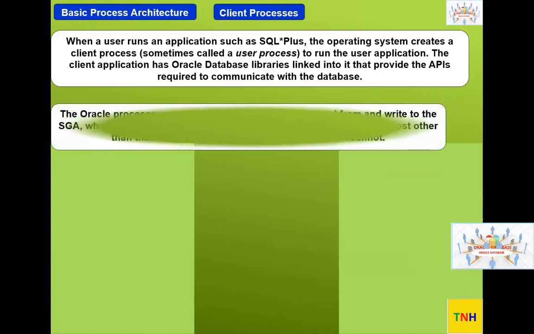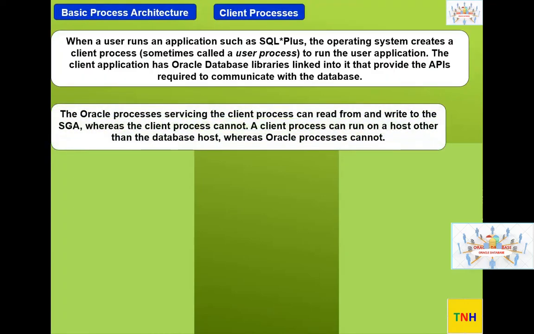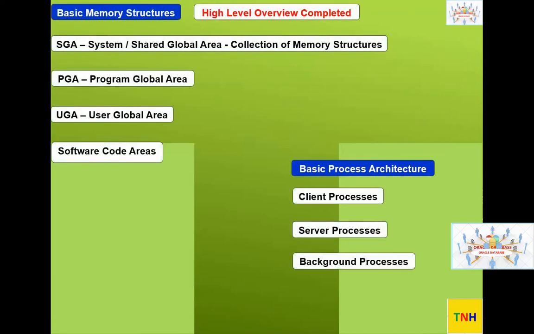That's what we actually started on the process side, because you may remember we had the basic process architecture as well. On the basic memory architecture, we have completed the high-level architecture. Now we are trying to start deep diving into the components within the SGA. That is where I'm going to start with the shared pool now.